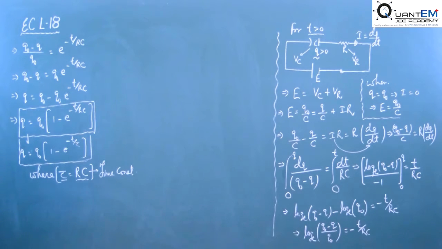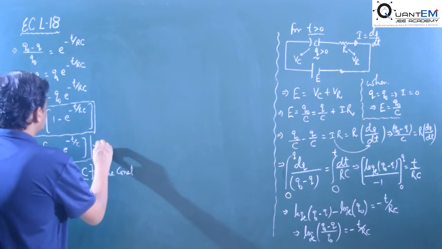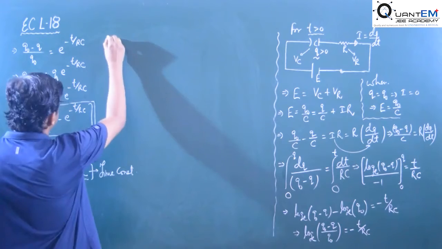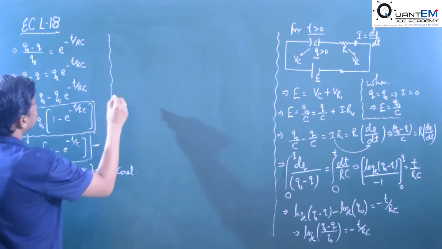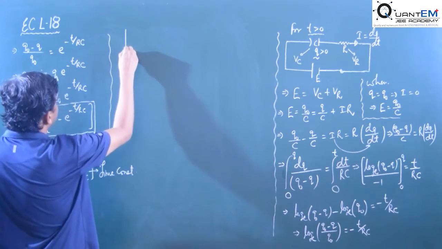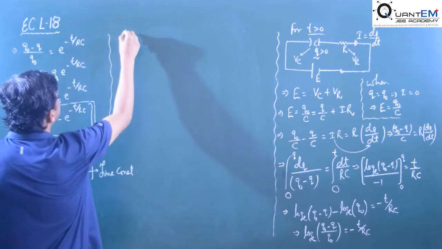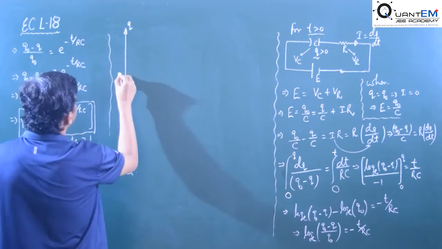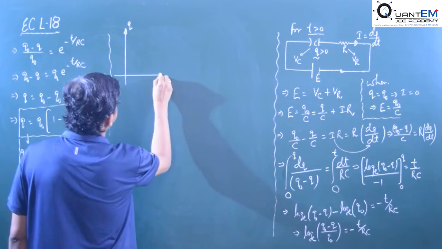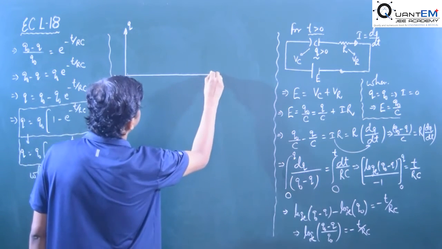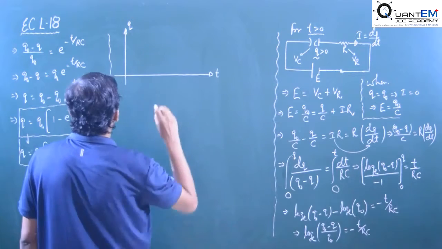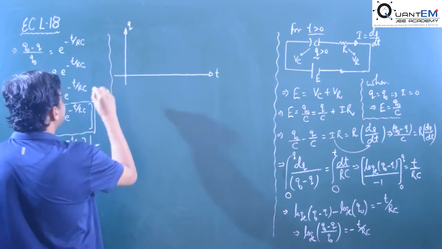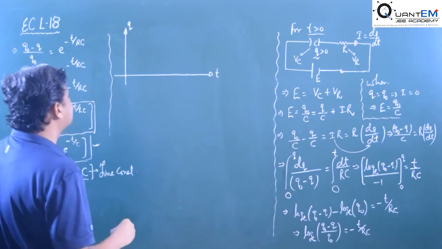Okay, now see, it is the charge across the capacitor at any time t. So if we draw the graph, now it is charge q and it is time t. At time t is equal to 0, charge was what? 0.